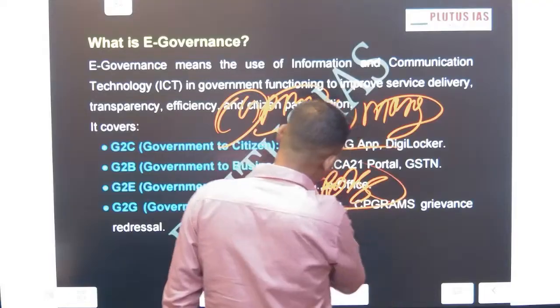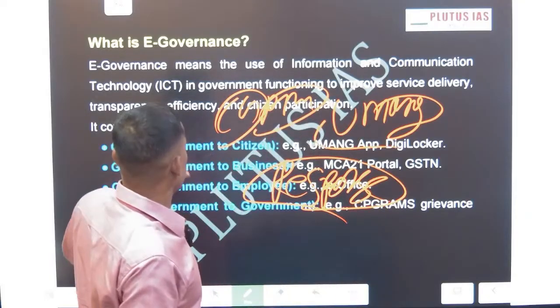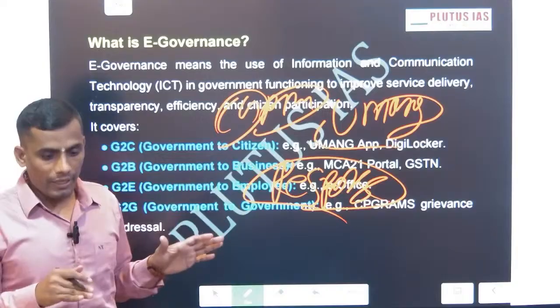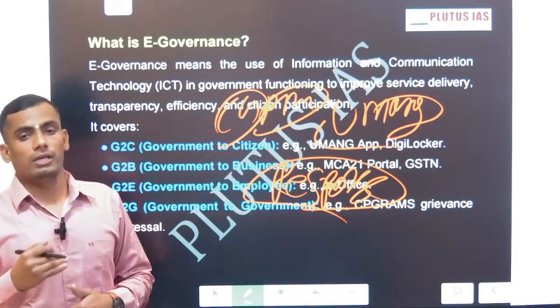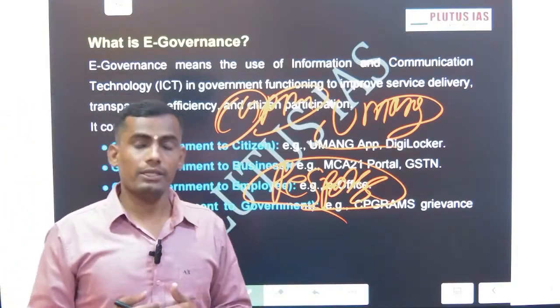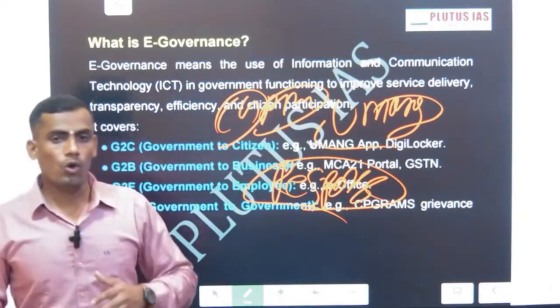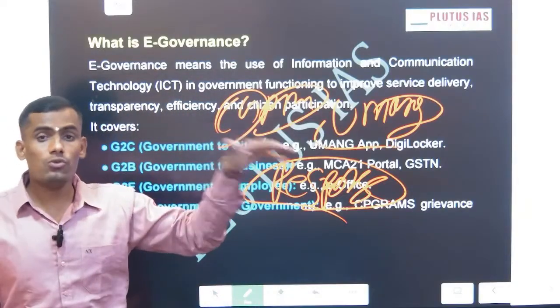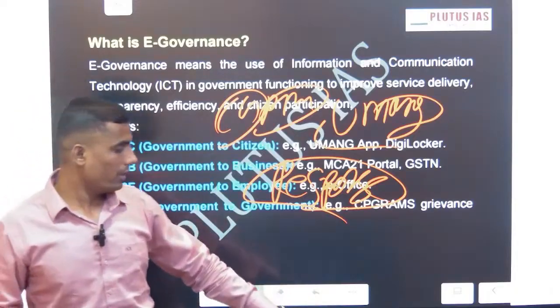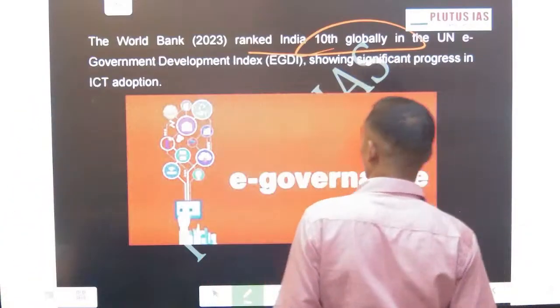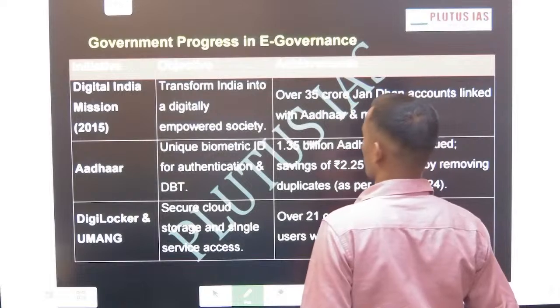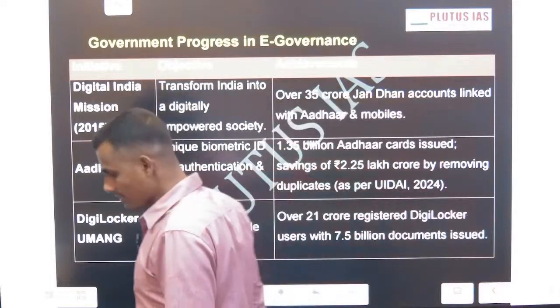So these are the applications, why we need e-governance. Now, in which domains does e-governance find applications? So now I am going to discuss government progress and the domains.